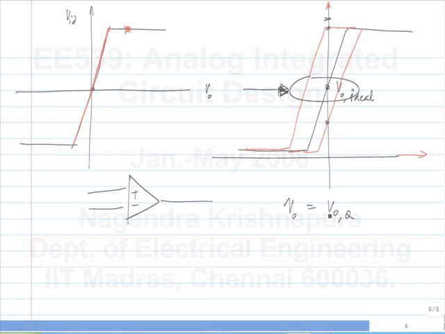What's the idea behind negative feedback? If I want the output to be equal to a certain value, what do I do? We have to make a comparison: we take the actual output and we have the desired output. Then I have to somehow feed this information back to the inputs.